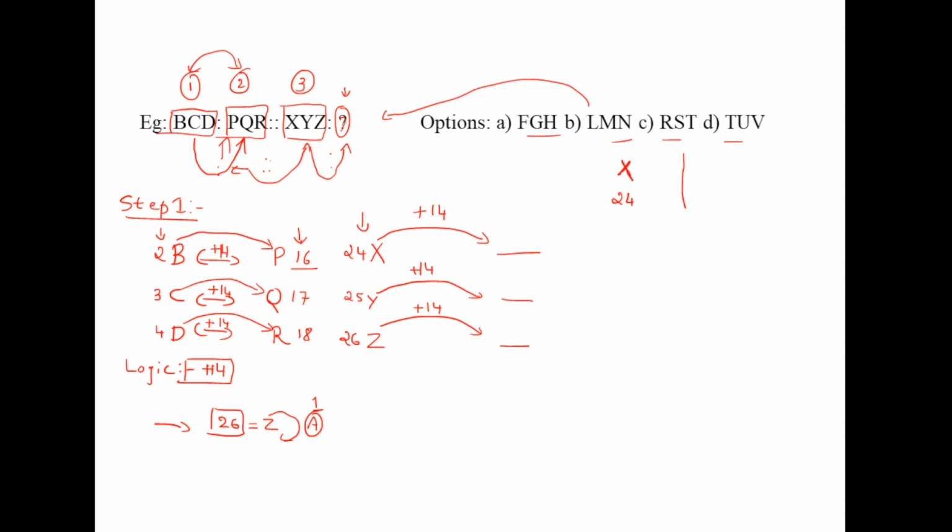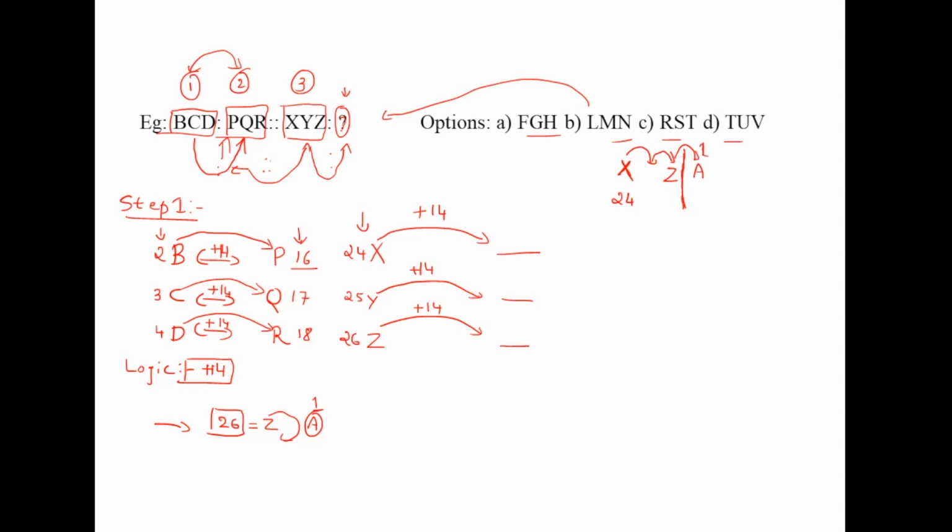X is 24, and only two numbers are required here, 25 and 26. When I get to 26, Z comes, and the cyclic order finishes, and again another letter A starts with position 1.